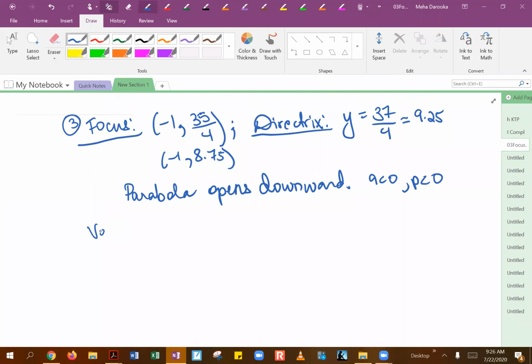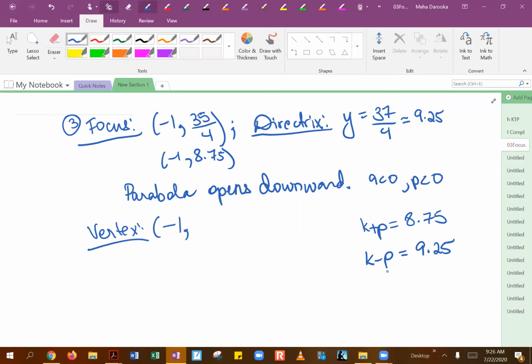Now, your vertex we know is going to be passing through that same coordinate of -1, but we need to find out what our K value is. So again, if you think about this, we have K plus P, which comes from the focus, and that is 8.75. Our K minus P, which comes from the directrix, is 9.25. So any idea what the P value should be here?